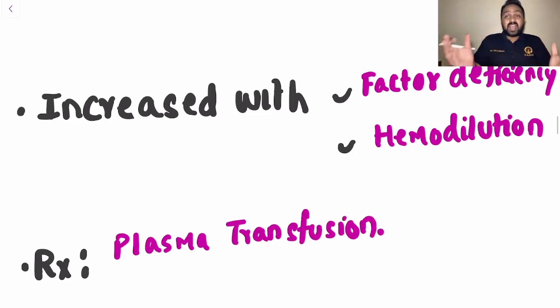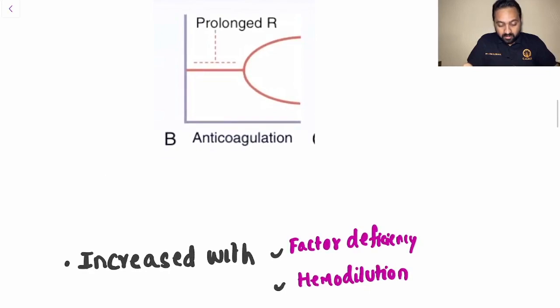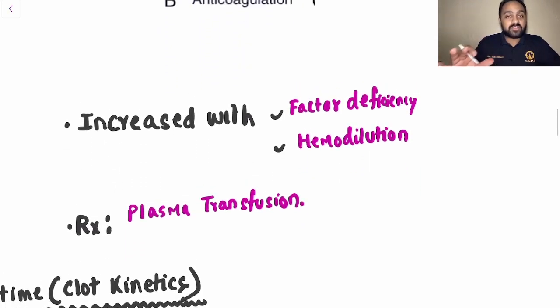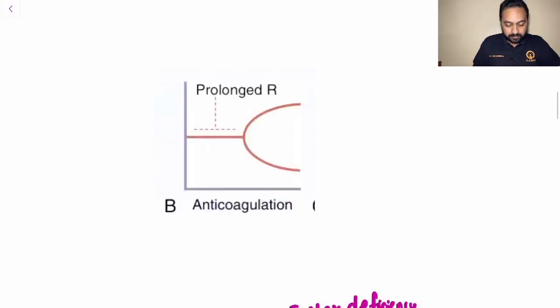Why are we studying this? Because this finds clinical implications in a trauma patient, where the TEG helps us decide early what blood product needs to be transfused to the patient. So if in TEG you find a prolonged R, it implies a factor deficiency or hemodilution, and you would go for a plasma transfusion.